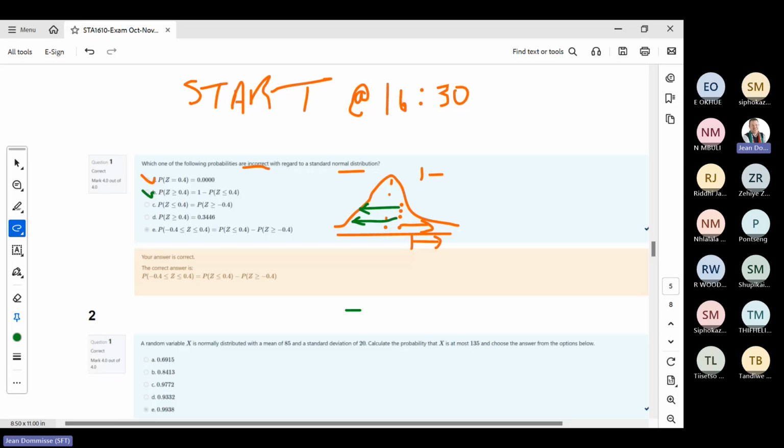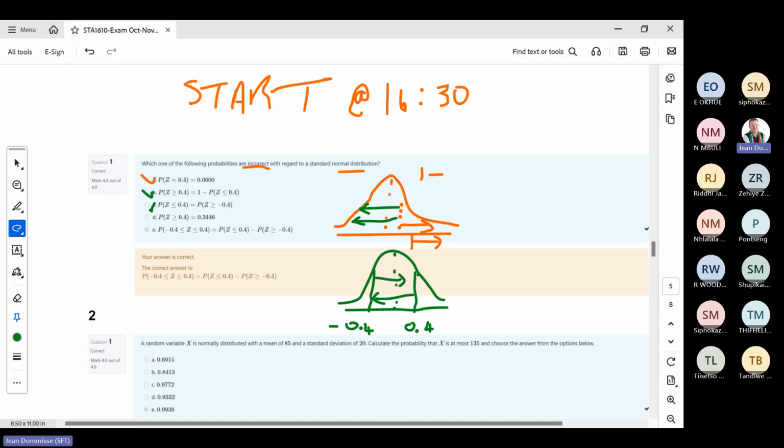Then let's draw another one: Z smaller than 0.4. That is the same as Z bigger than minus 0.4, and we know that is all right because of symmetry.